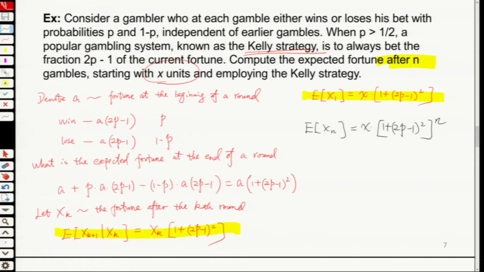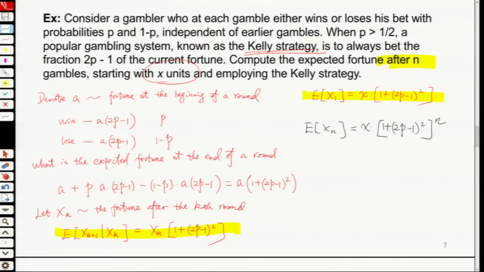Wins or loses his bet with probability P, 1 minus P, independent of earlier games. When P is greater than 1/2, the popular gambling system known as Kelly strategy is to always bet fraction 2P minus 1 of the current fortune. So today I'm going to discuss why 2P minus 1.